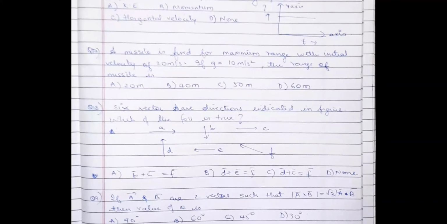Question number 18. Six vectors have directions indicated as per the figure. Which of them is true? So we will check.